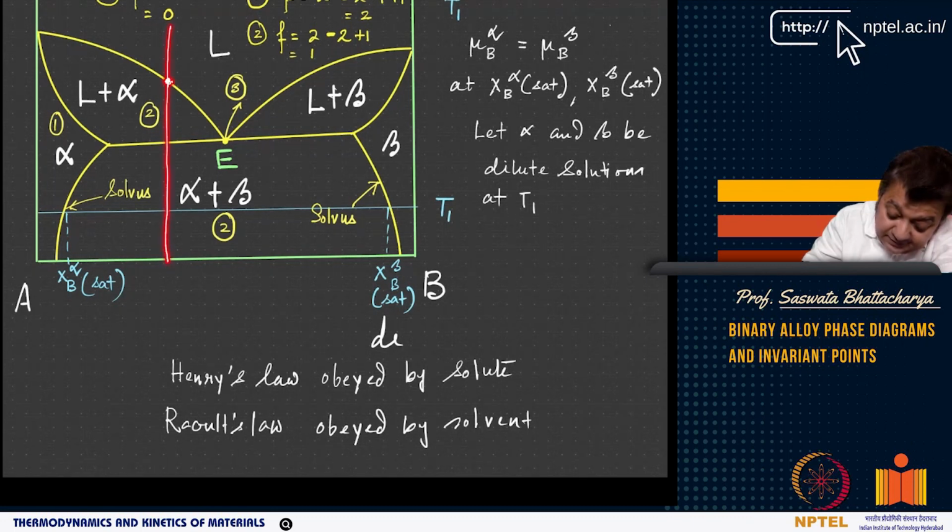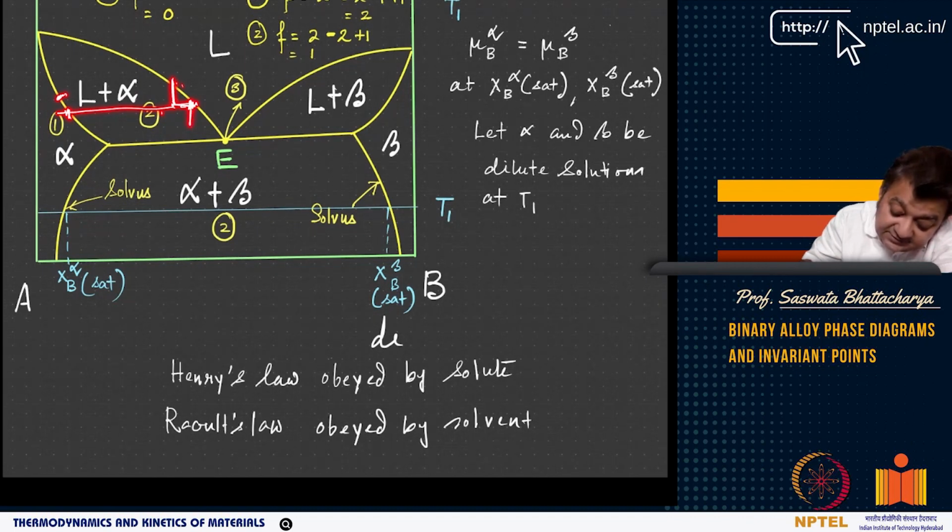Upon entering below the liquidus, it will transform to alpha of a certain composition. Then as you go a little lower, you will have another liquid composition here, and this will be your solid composition. Now this liquid is going to solidify.